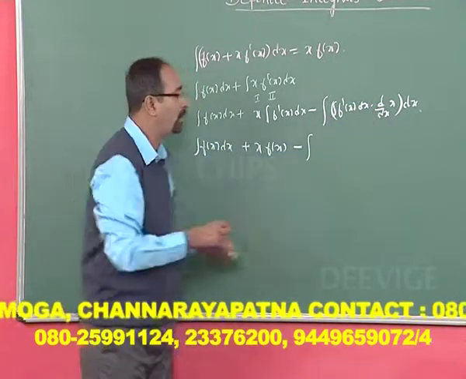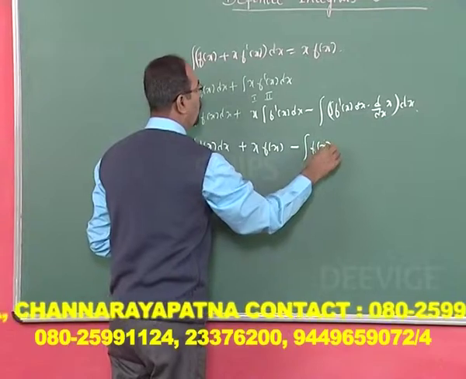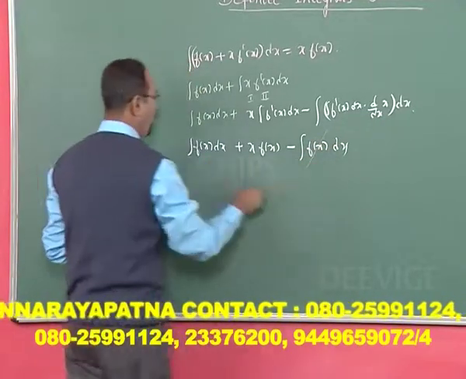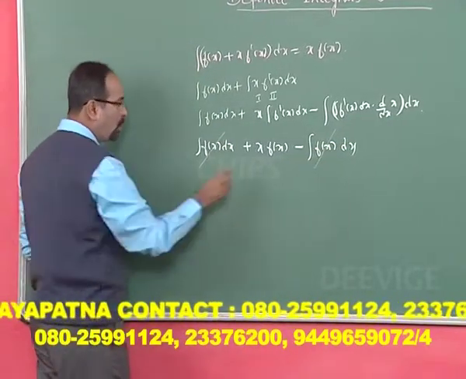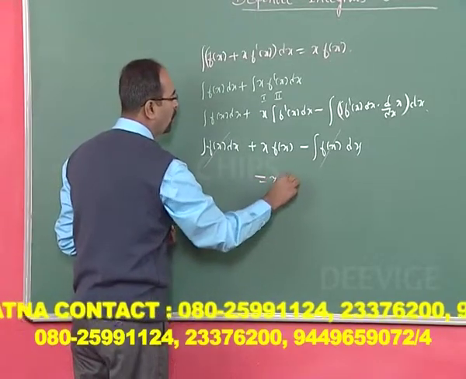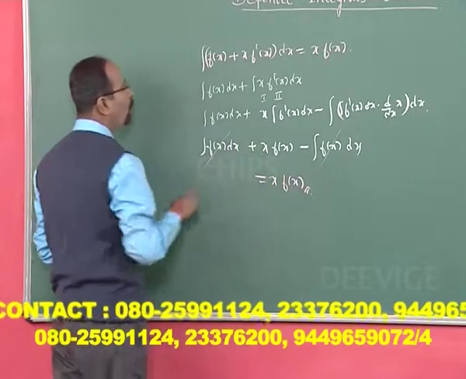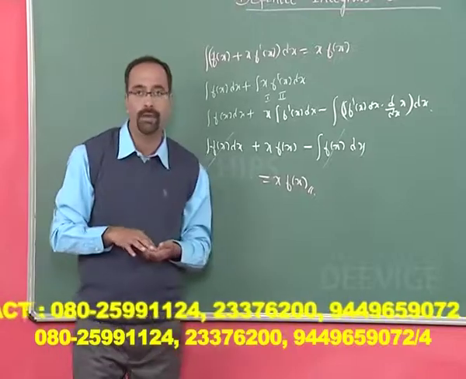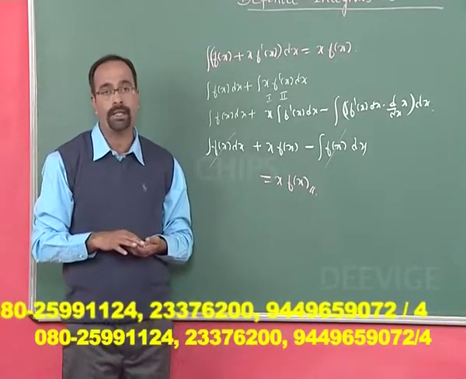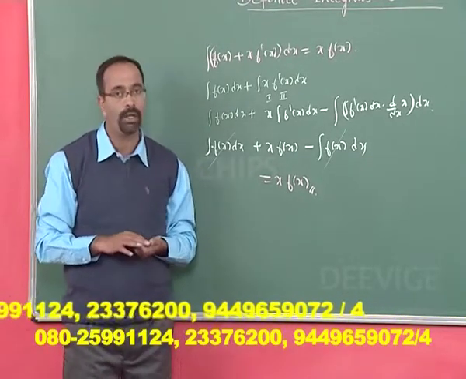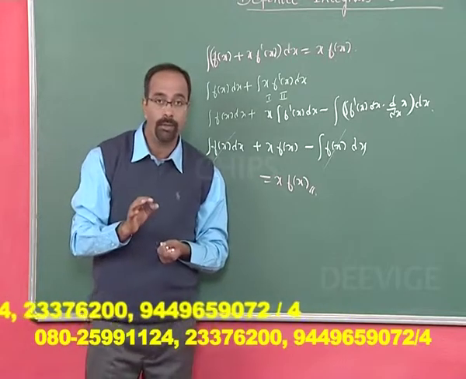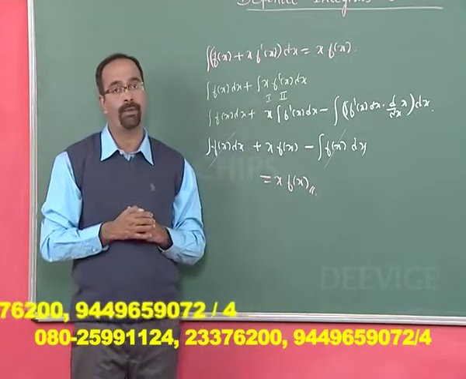Integral of f of x dx, integral of f of x dx. Now integral of f of x cancels, you are left with x into f of x. So, integral of f of x plus x into f dash of x dx is x into f of x. This is one of the very, very important properties. I have taken a problem based on this particular property.